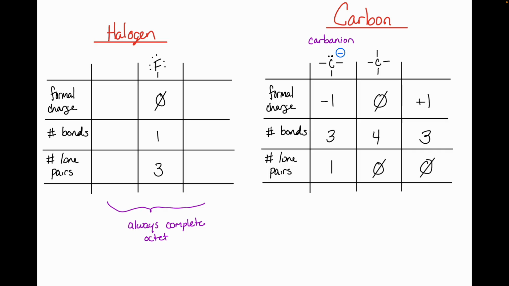And that means that this positively charged carbon has an incomplete octet. All right, here they're complete. But that positively charged carbon has just 3 bonds, no lone pairs on it, thus having that incomplete octet.